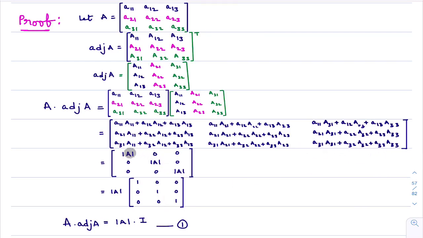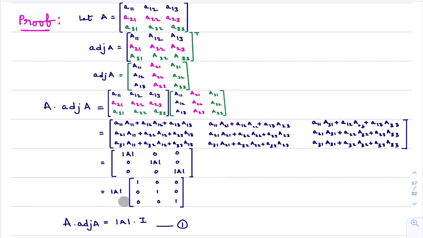Okay, you observe here, this is the matrix. 0 can be written as 0 into det A. This 0 can be written as 0 into det A. This 0 can be written as 0 into det A. Like that, every element is a multiple of det A here. So I can take det A common. You observe, this is not a determinant, this is the matrix, right? If I take det A common, what will you get here? 1, 0, like this.